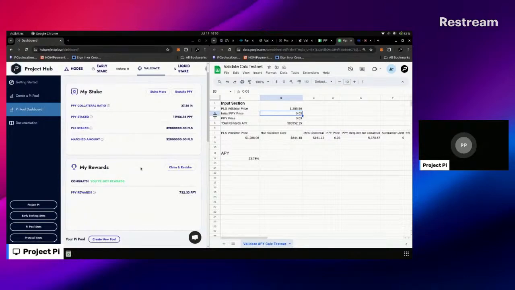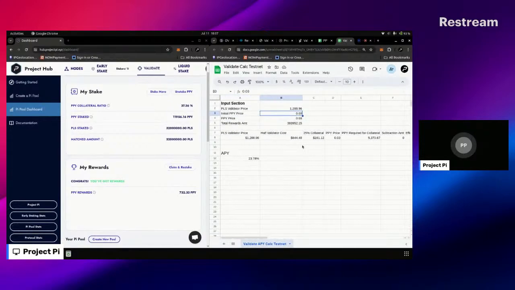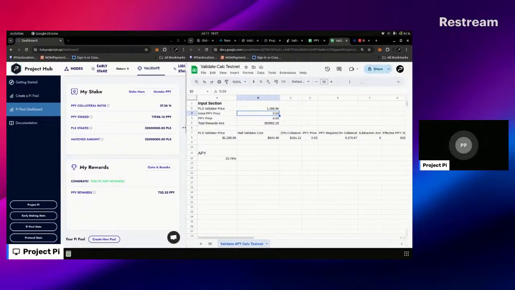I know that the APR for a typical validator with 32 million Pulse is about 9.9%. I think last time I checked, it was about 9.94, but I'll round it down a little. That's really good. That comes out to, at this point in time, somewhere around $120, $130 for the whole year.